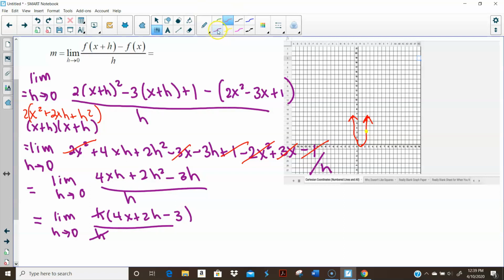And once I factor the h out, it will cancel with the h in the denominator. And so now I'm able to use direct substitution by taking 0 and plugging it in for h. So this will leave me 4x plus 2 times 0, subtract 3. And that gives me 4x subtract 3.